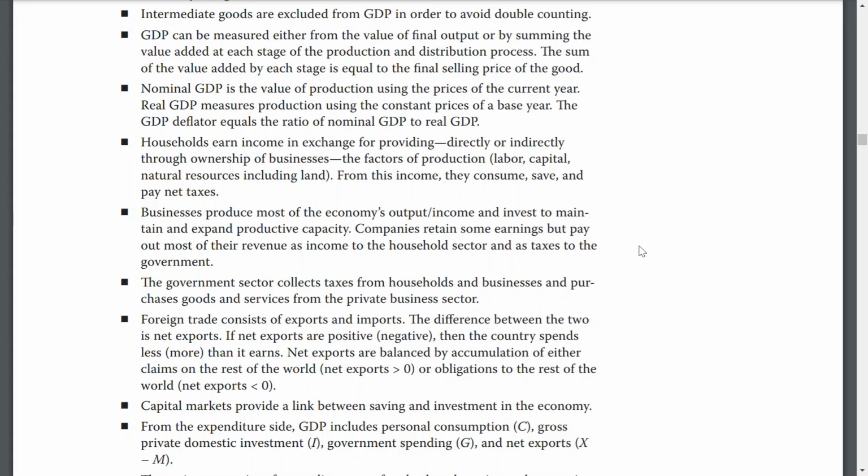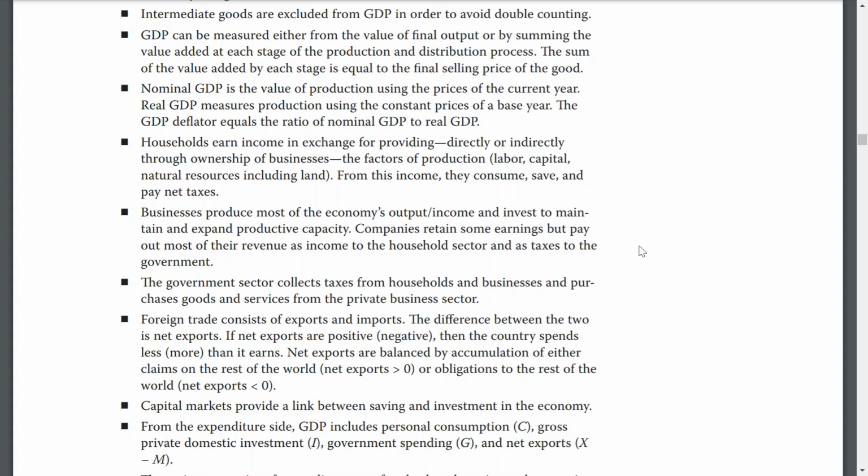Households earn income in exchange for providing, directly or indirectly through ownership of businesses, the factors of production: labor, capital, and natural resources, including land. From the income, they consume, save, and pay net taxes. Businesses produce most of the economy's output and invest to maintain and expand productive capacity.